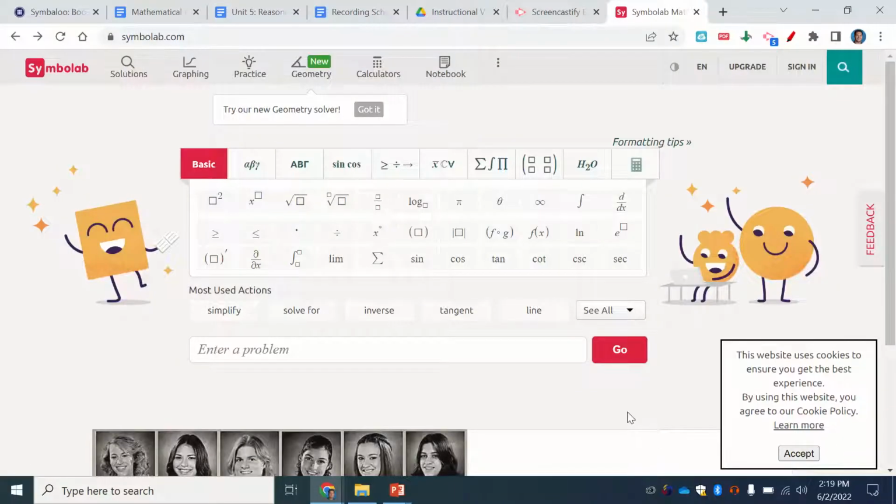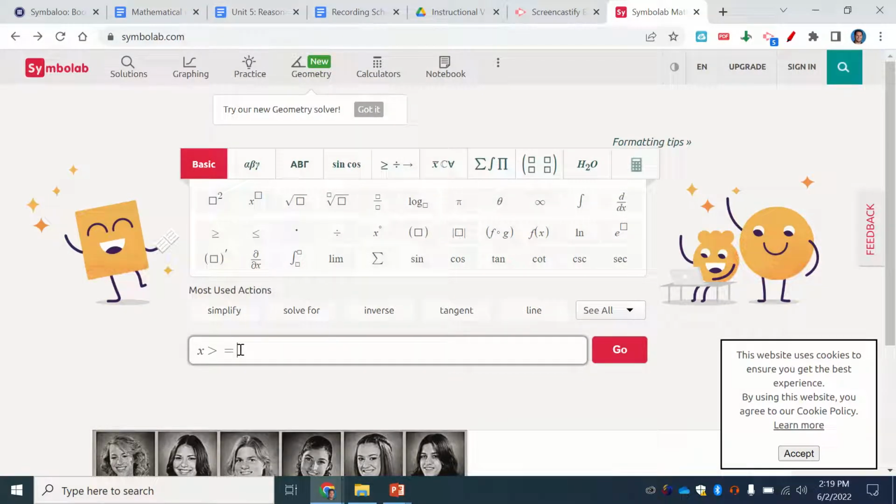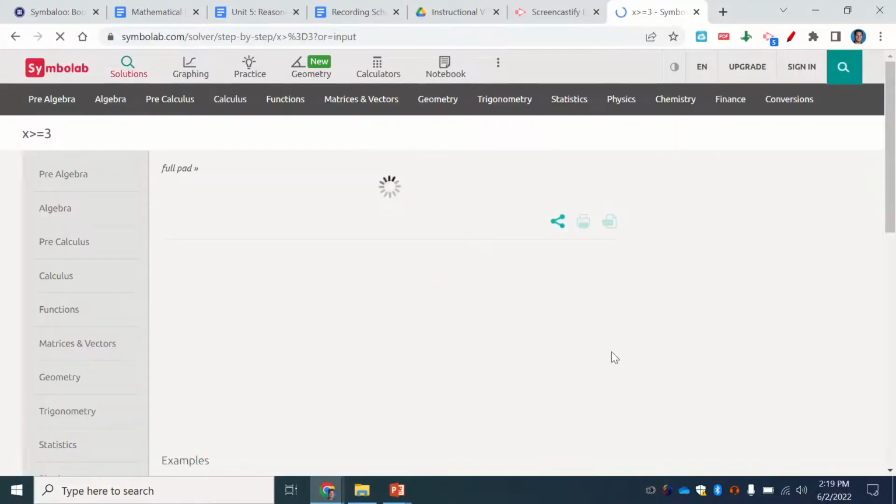Let's take a look now at how we can use Symbolab to check our work when dealing with plotting inequalities on the real number line. So we're going to go ahead and place in our box what we want to plot. So let's say we have x is greater than or equal to 3. So we can go ahead and put it in like that, and we click go.